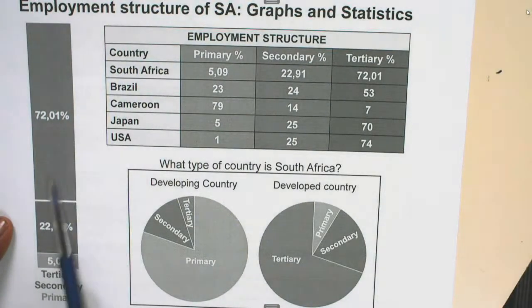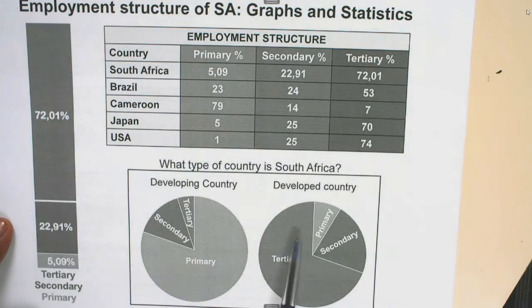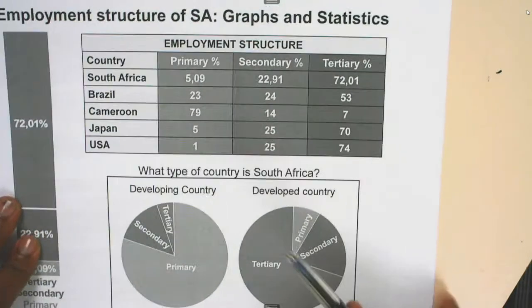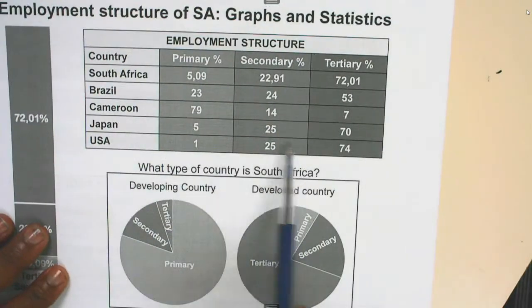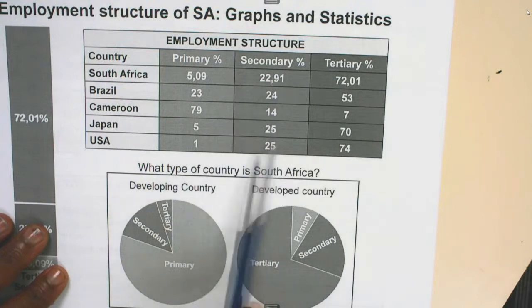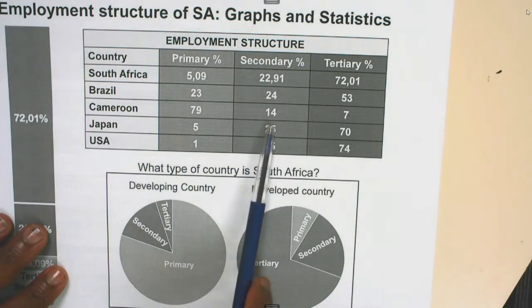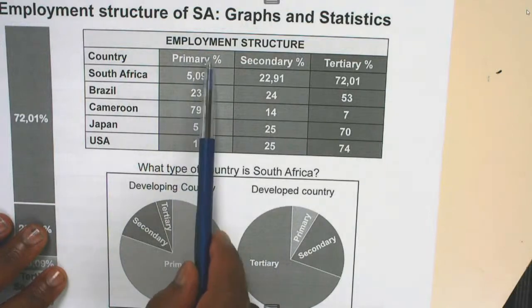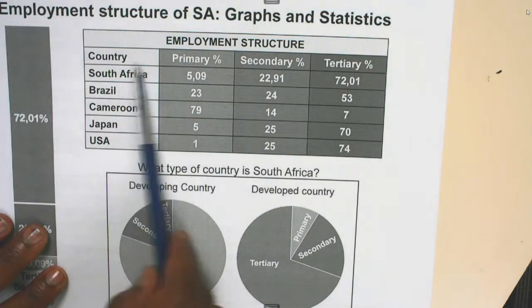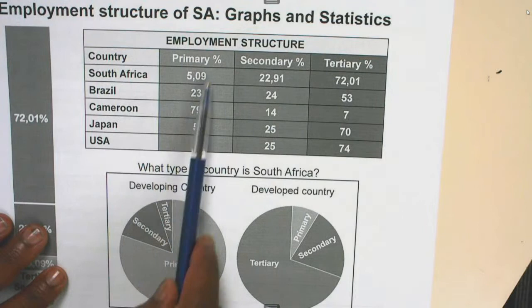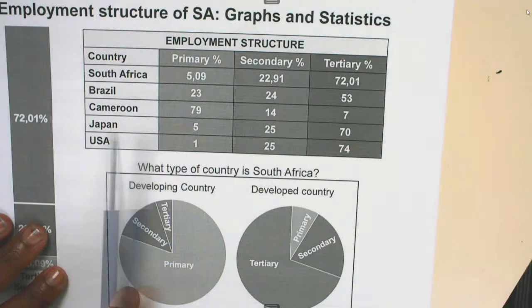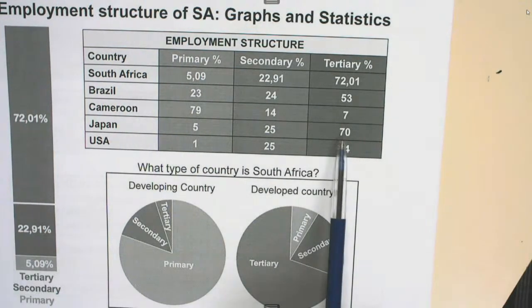I believe South Africa is right here among the developed countries. When we compare South Africa with other countries, look at the secondary sector, it is not far away from other countries, except this African country, Cameroon. And in terms of the employment structure, South Africa is almost similar to Japan. You know, Japan is one of the highly developed countries in the world.